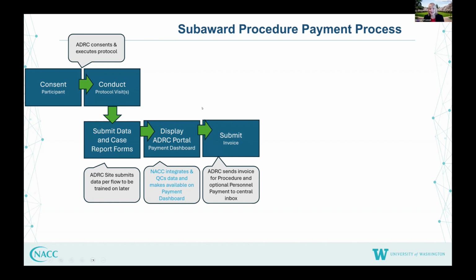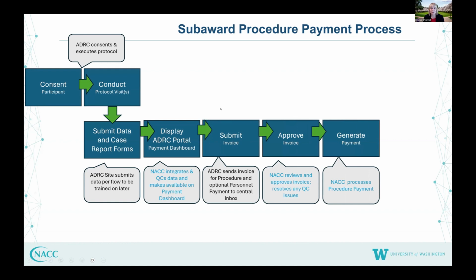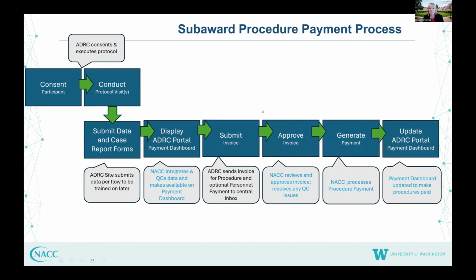And NACC will review and approve the invoice and generate the payment. Ultimately, the ADRC portal payment dashboard will be updated to reflect those procedures as paid. Then as you continue to submit data and case report forms, the process continues again the next quarter.